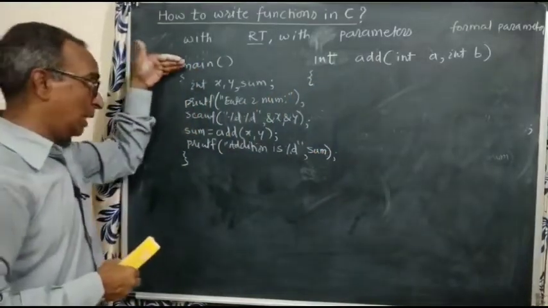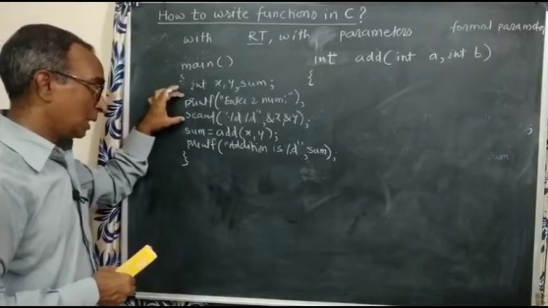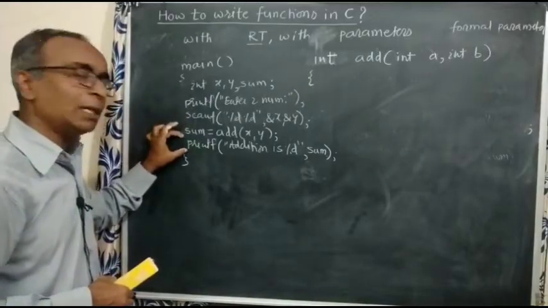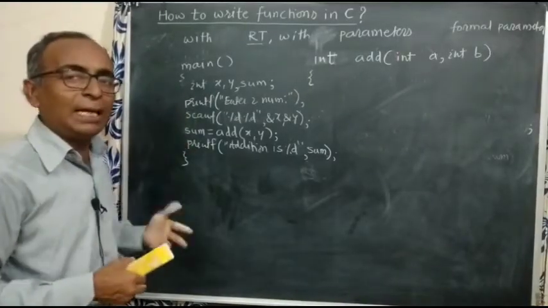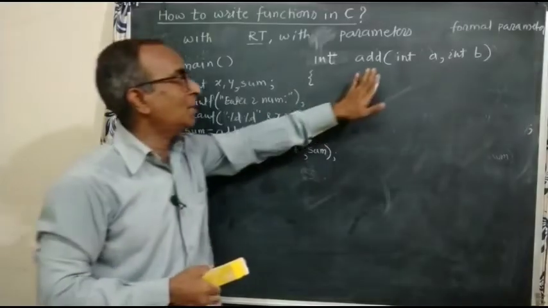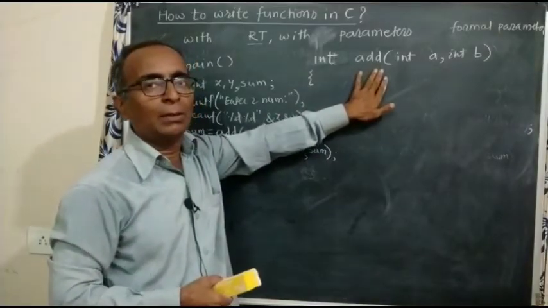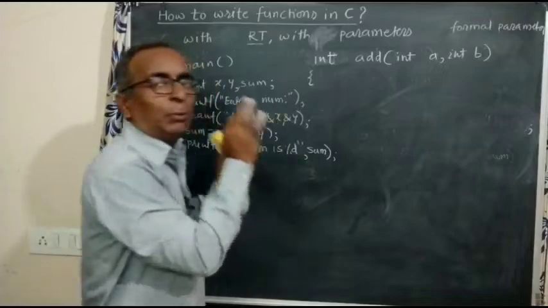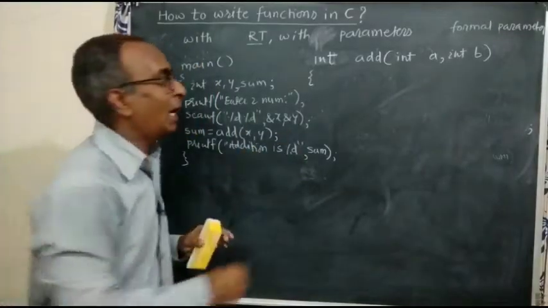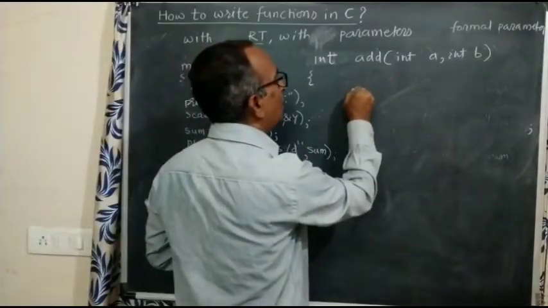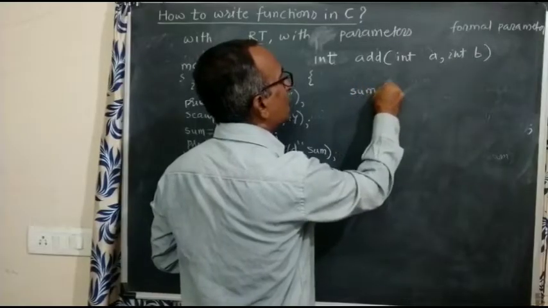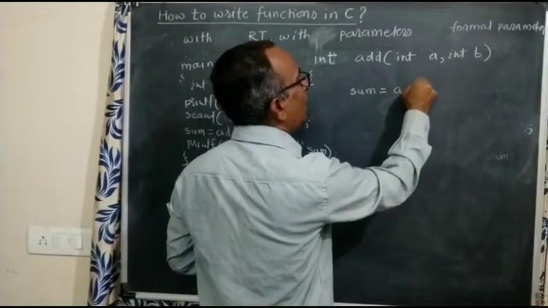What is main doing here? It is reading, it is printing output. But who is adding actually? Addition of the two numbers will be done, only processing is done by add. So what it will add: sum is given, this a plus b.